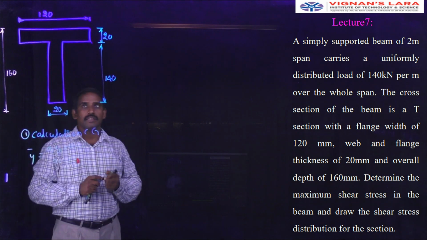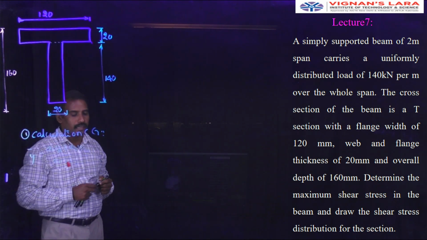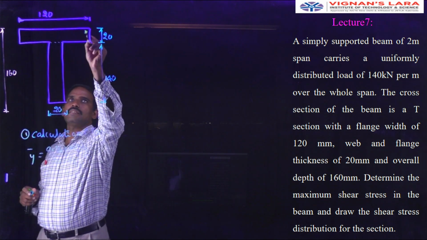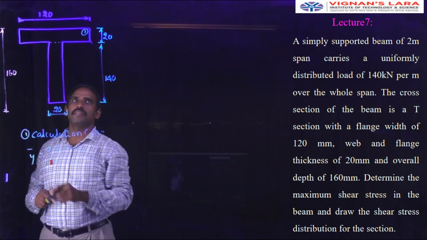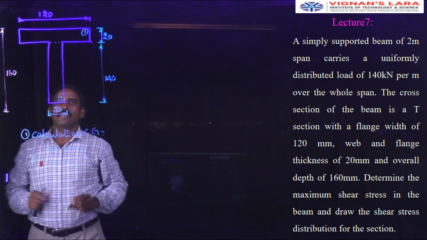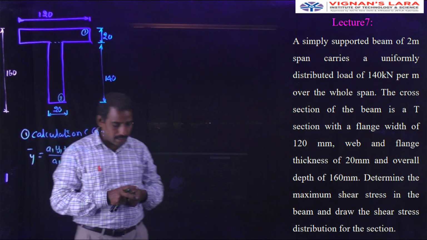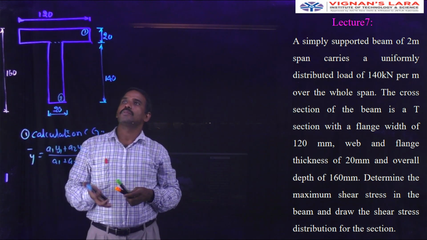Initially it is split up into two rectangular parts. One is a rectangle of dimensions 120 by 20 and the second one is a rectangle of dimensions 20 by 140. These are the dimensions of the two rectangles.